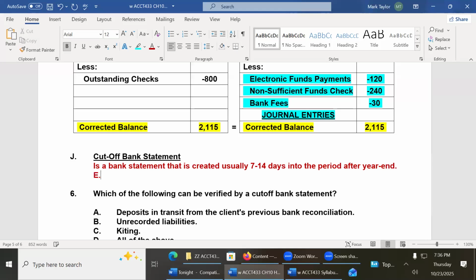For example, year end is 12/31/2025. You could get a cutoff bank statement.